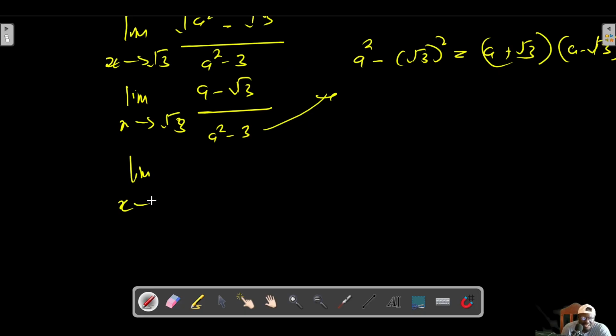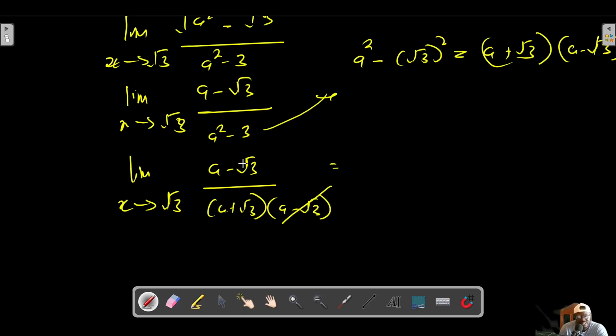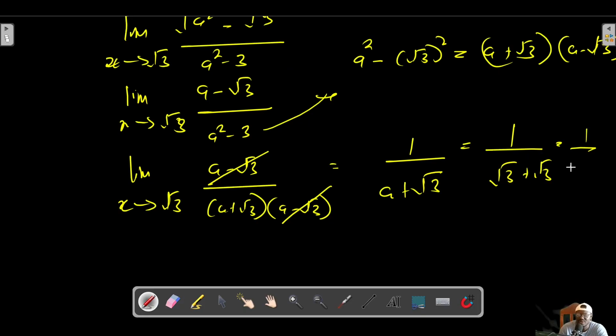The limit as a is approaching root 3 of a minus root 3 over a plus root 3 multiplied by a minus root 3. This cancels this. We get 1 over a plus root 3, which is equal to 1 over root 3 plus root 3, and we end up with 1 over 2 root 3.